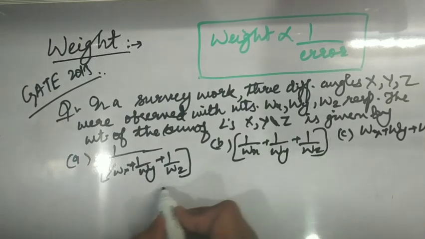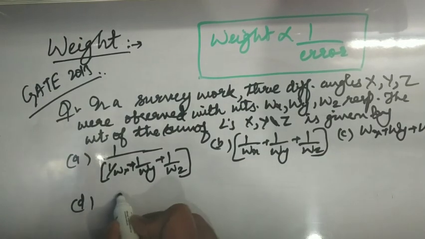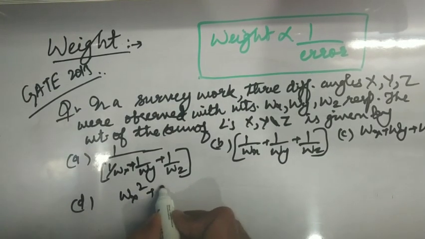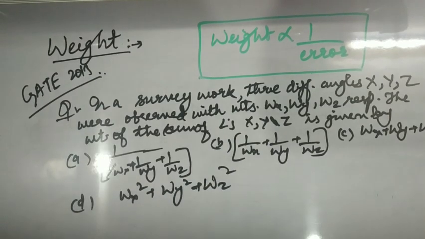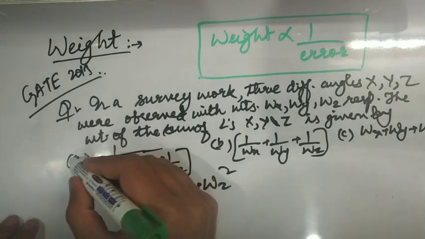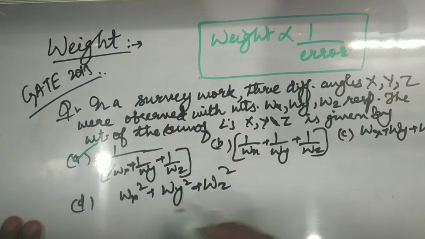And here D is WX square plus WY square plus WZ square. See, as I recently told you, in case of addition or subtraction we'll use the first law of weight. So our answer goes with option A. So option A is correct.